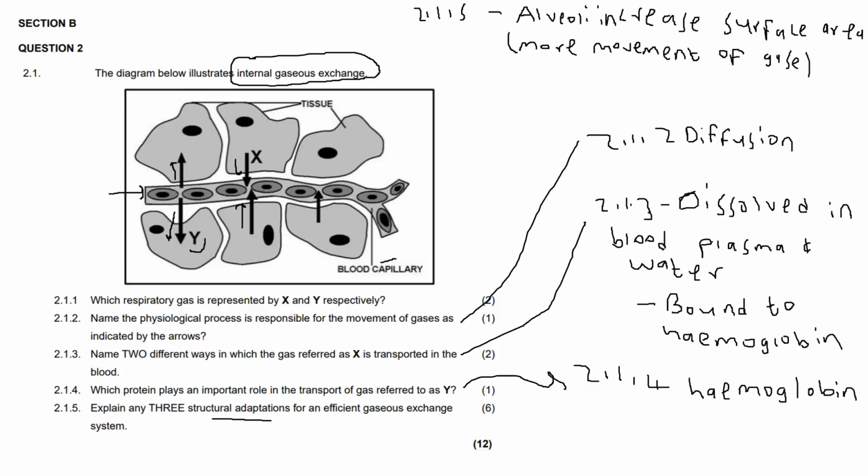So second point, remember we've been asked for three ways. First, alveoli will increase the surface area. Number two, the membranes which are involved must be thin. The membranes where the gas exchange is occurring must be thin.